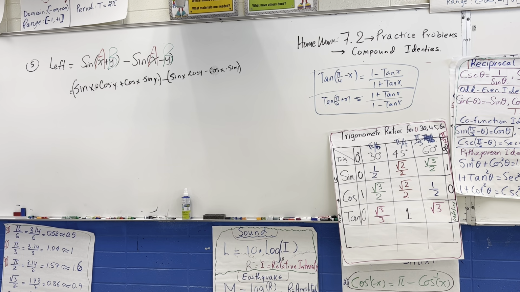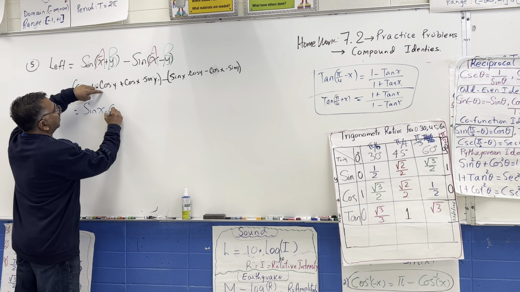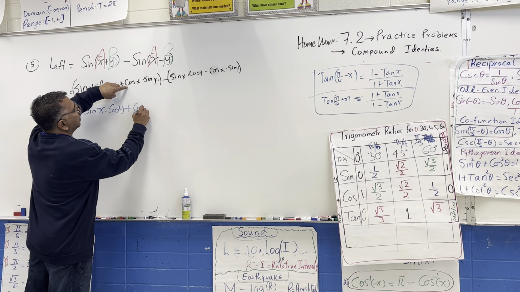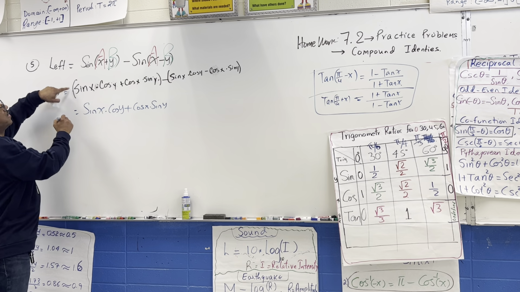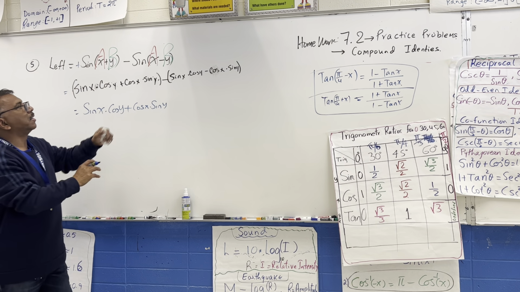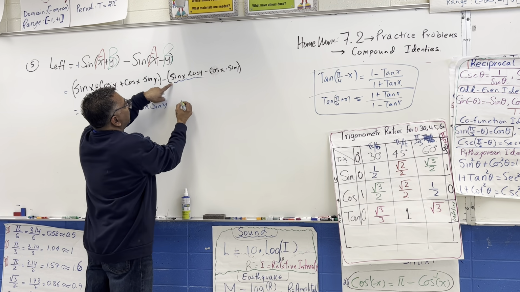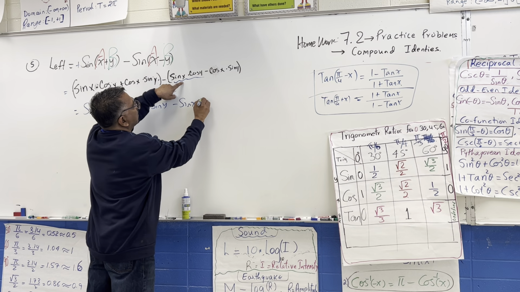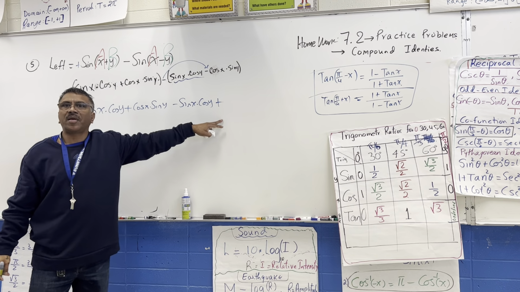Okay, now let's do it fast. So what I'll do is keep the first one as it is, because there was a plus sign outside, so everything stays the same. But because of this minus, you change the sign of the first term, that will be sine of x, cosine of y, and this minus and minus is plus. That's where students make mistakes.